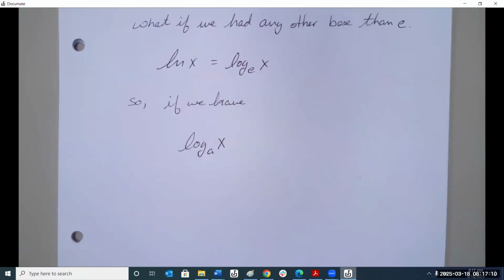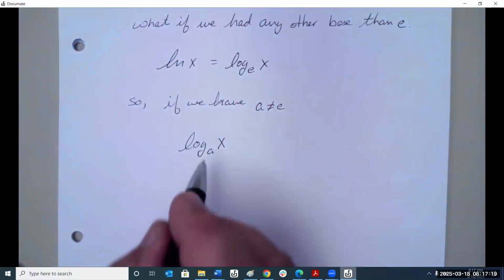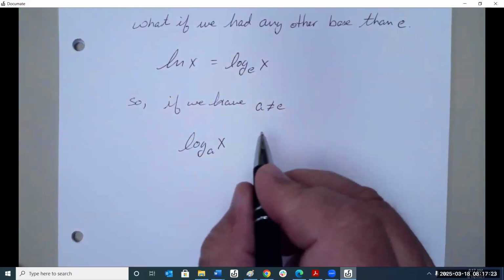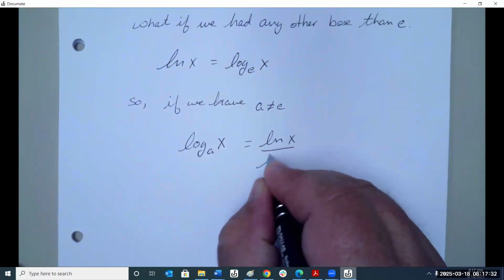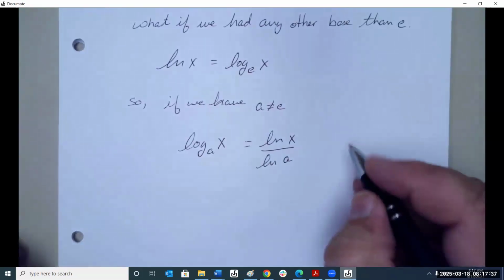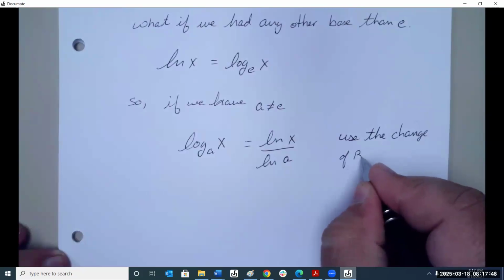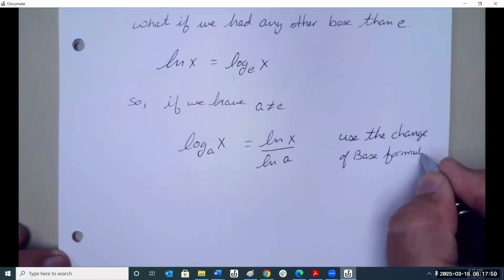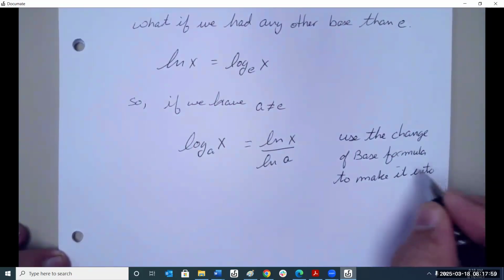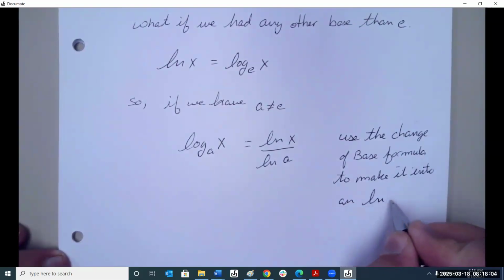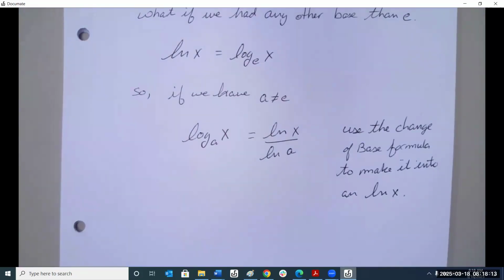How do we do that? We have to make it into ln by using the change of base formula.